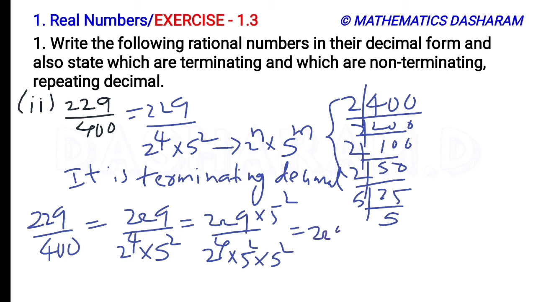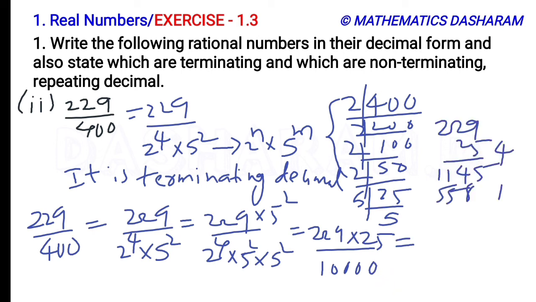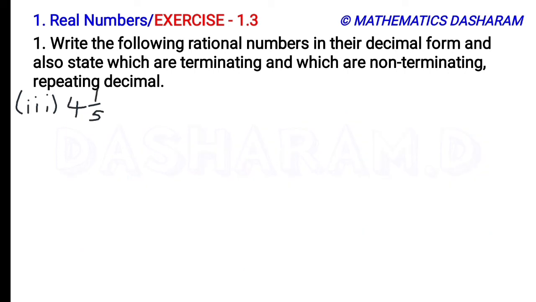So 229 into 25, here 2 to the power of 4 into 5 to the power of 4, that means 10,000. Now 229 into 25 is 5725 divided by 10,000. Now its decimal form is 0.5725.